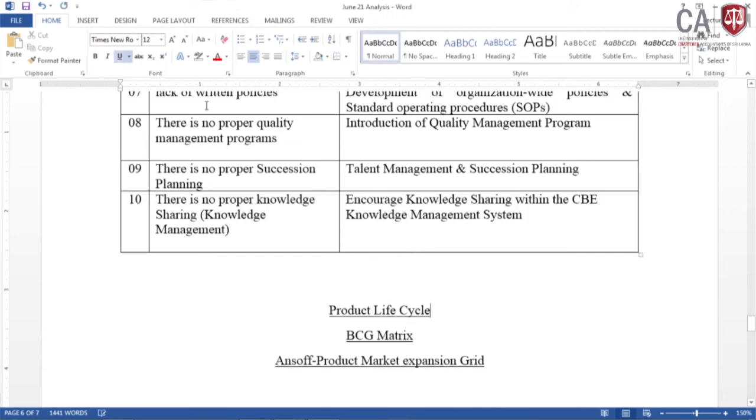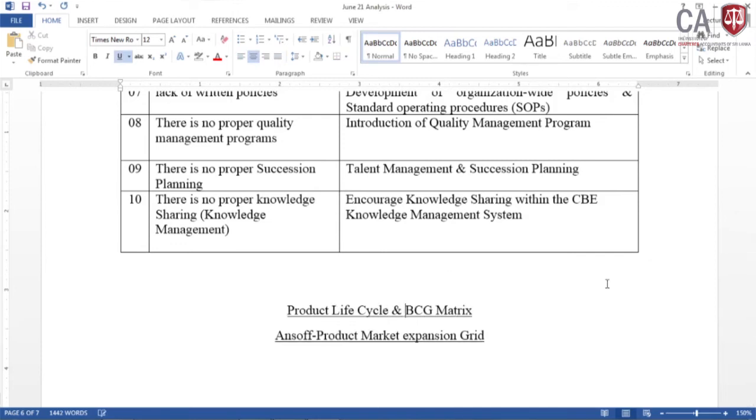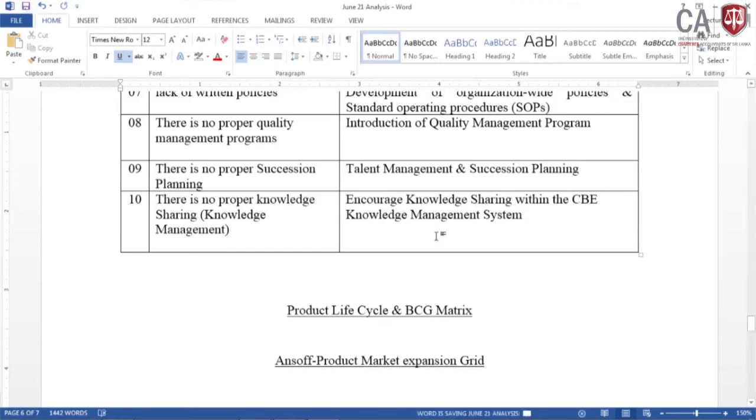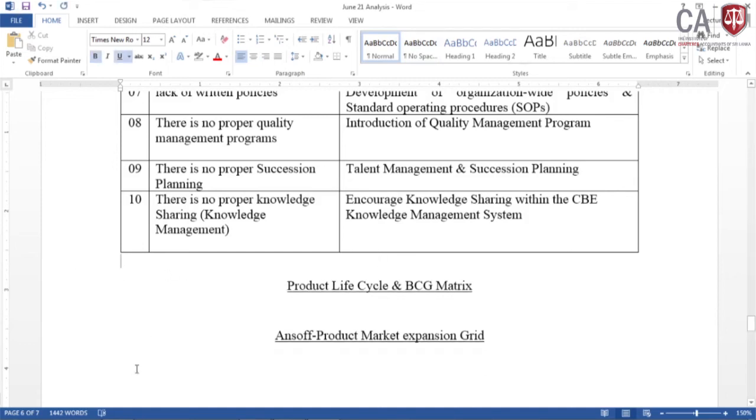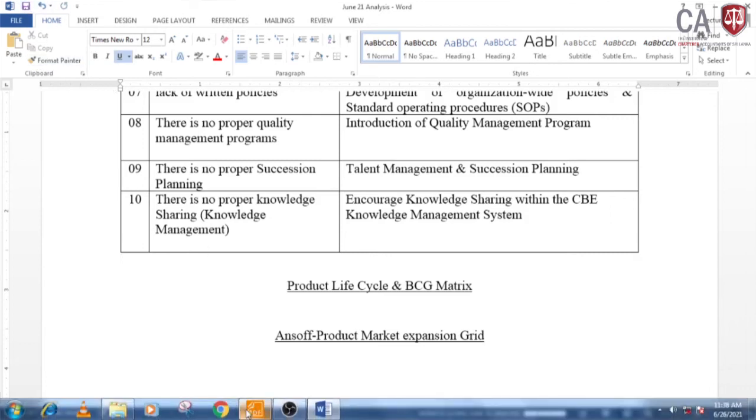Product life cycle and BCG matrix, we'll see whether we have the information to deal with them. So, what do you think about the information given regarding courses?